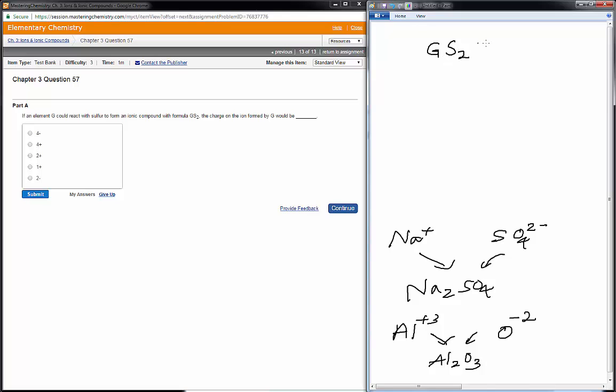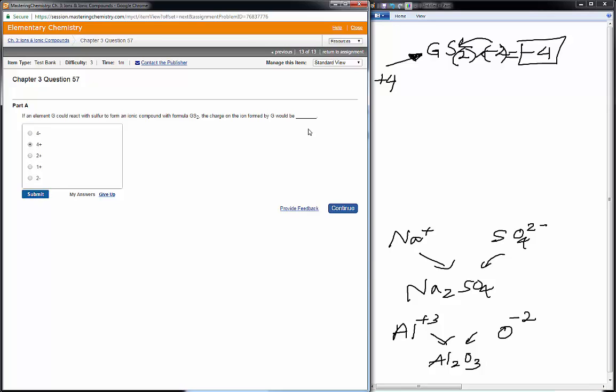So because I know that this is neutral, and I know that sulfur is in group 6 and it has a charge of -2, then I have 2 sulfur ions times a charge of -2. That means I have a charge of -4 that must be canceled out by this cation. And since there's only one of those, then that one cation must have a charge of +4.